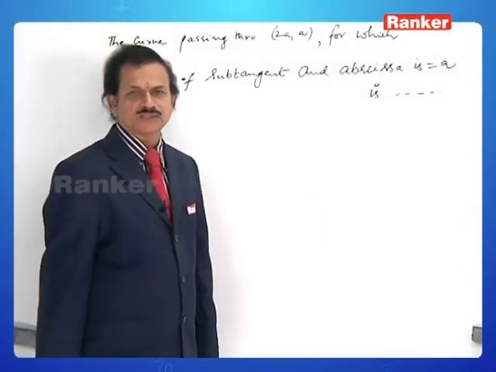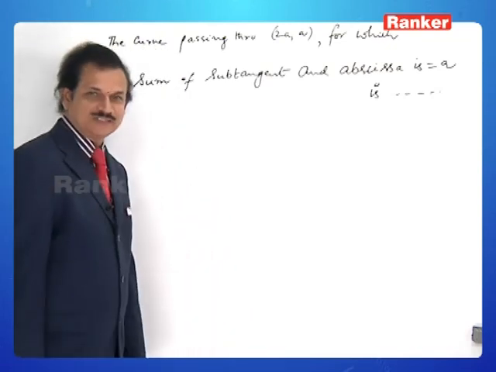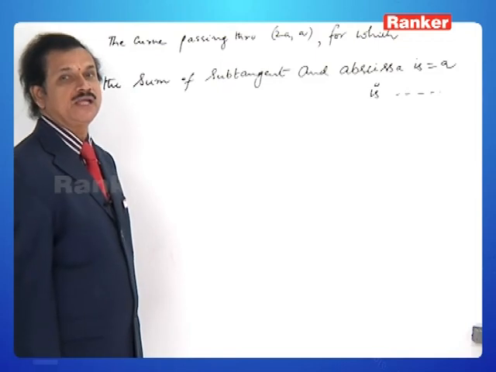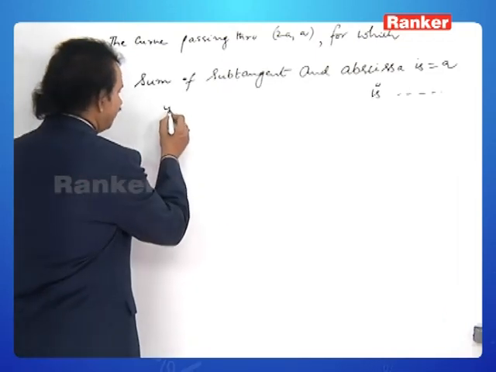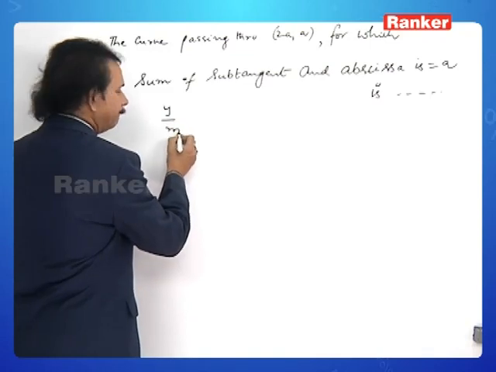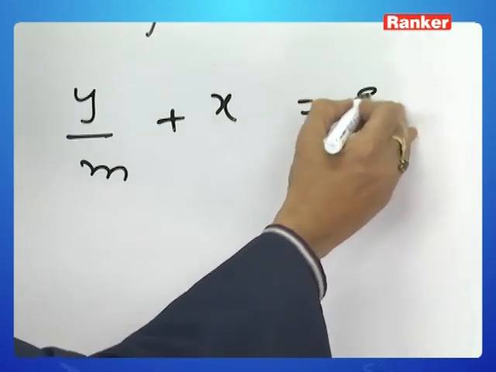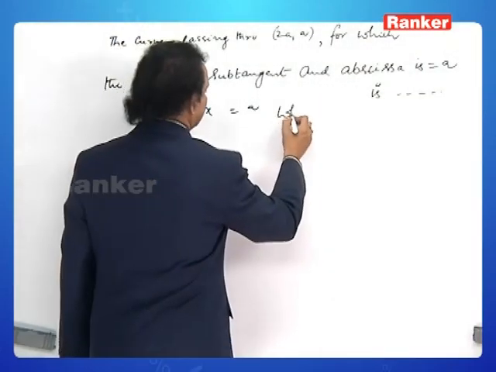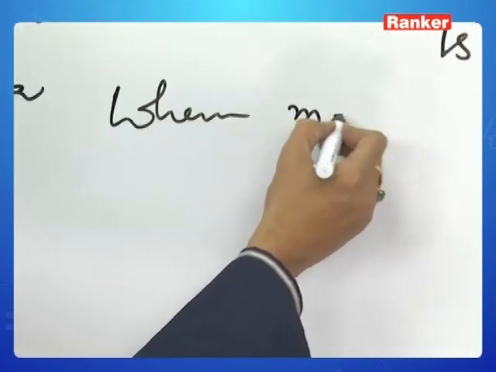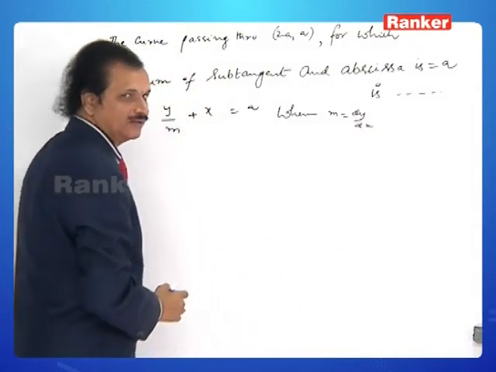Let the curve be y is equal to f of x. What is the formula for the length of the subtangent? y by m, isn't it? That is y by m plus abscissa x is a, where m is equal to dy by dx. Isn't it?